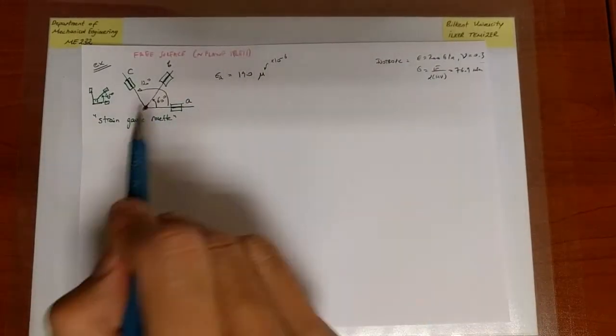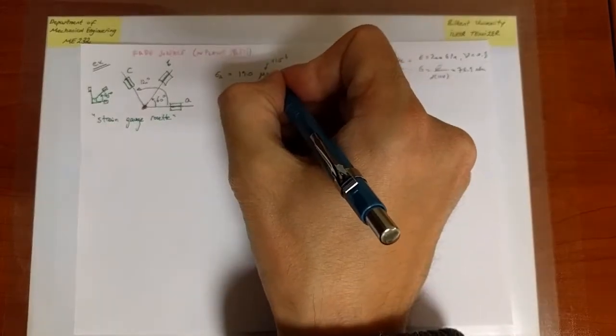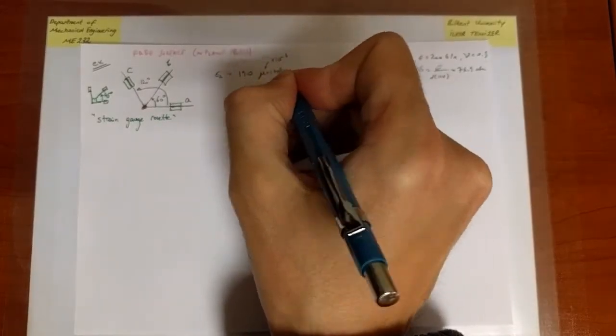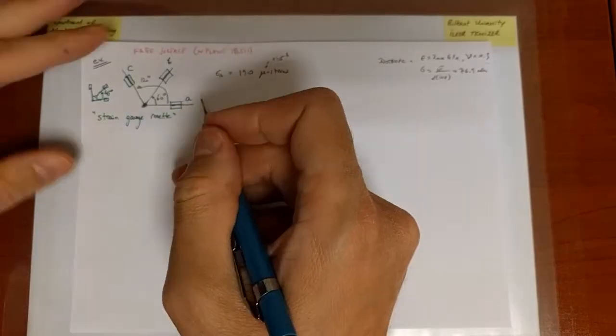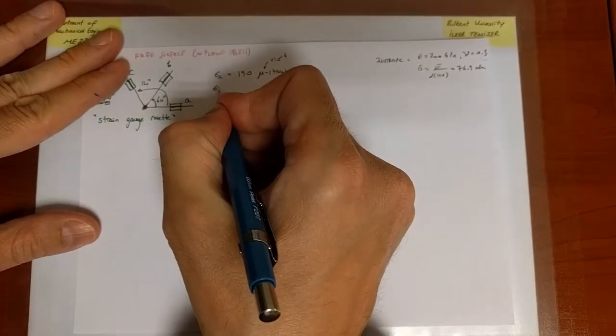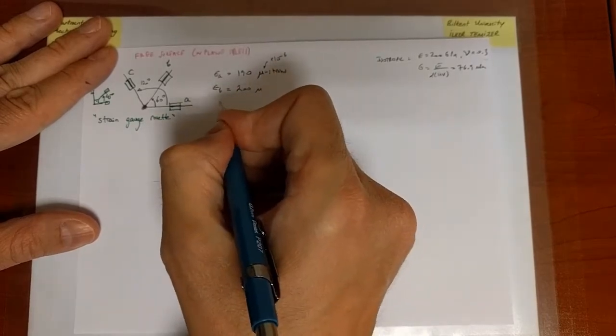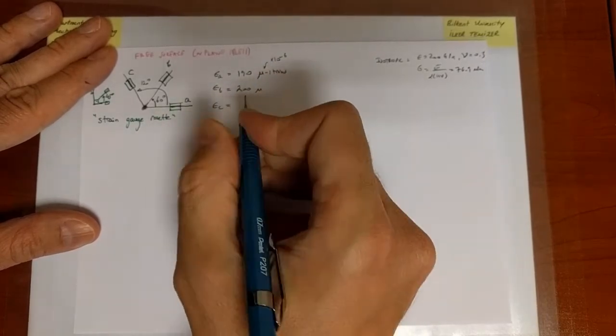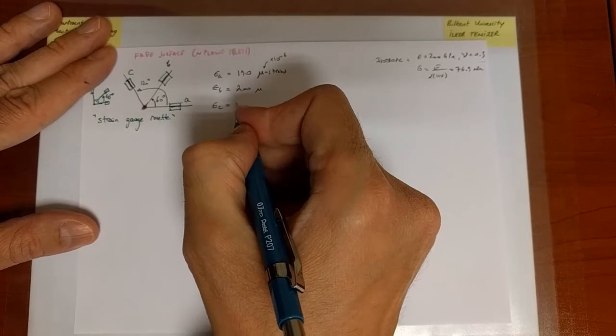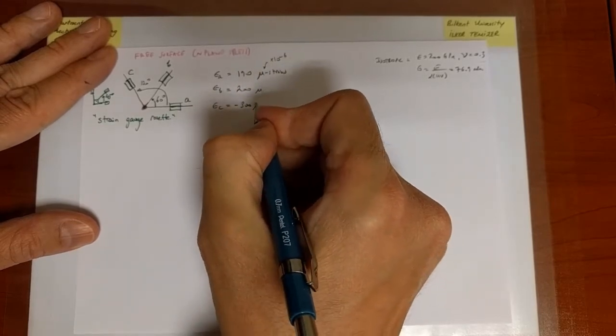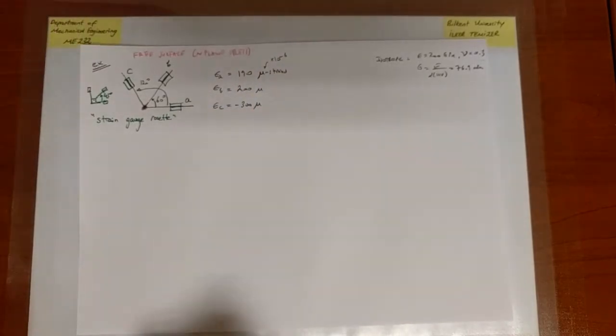Strain is dimensionless, so 190 microstrains is one way to write it, or simply 190 times 10 to the minus 6. Epsilon B is going to be 200 microstrains, and epsilon C, that strain gauge is going to deliver a reading of 300 microstrains.